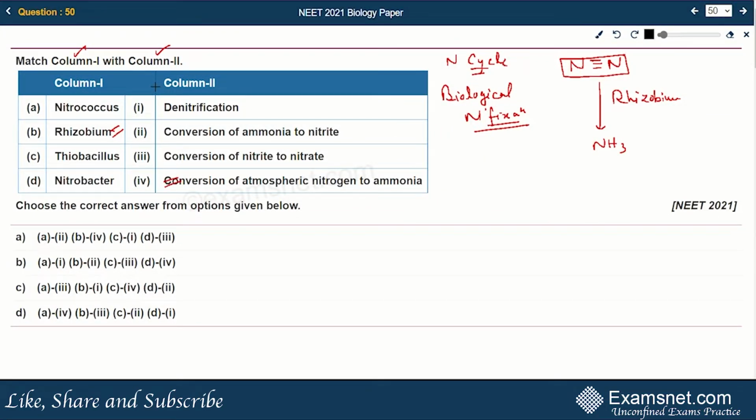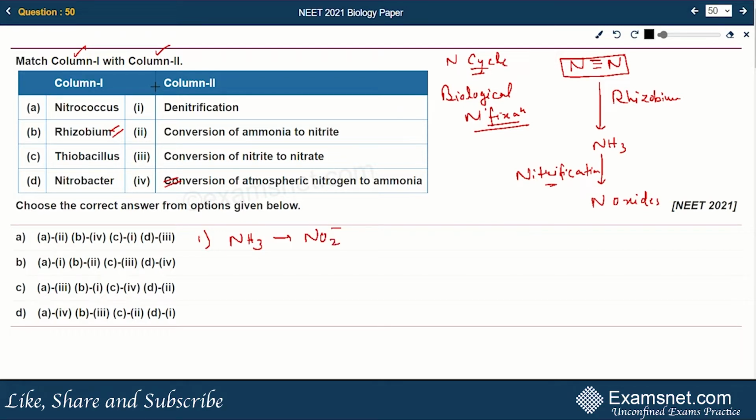Now after that, this ammonia has to be oxidized into nitrogen oxides, and this process is known as nitrification. This nitrification takes place in two steps. In the first step, ammonia is oxidized into nitrite, that is NO2 minus.